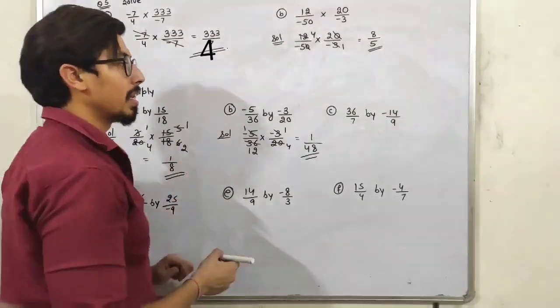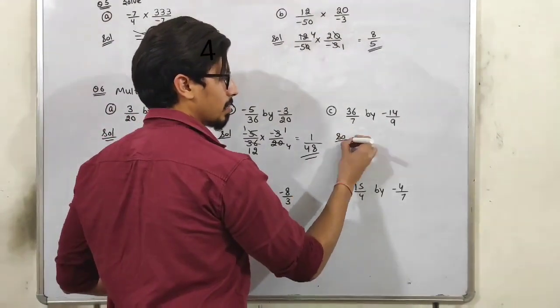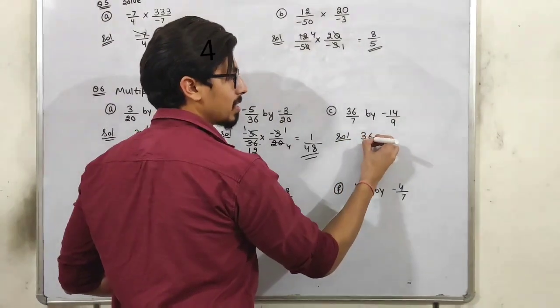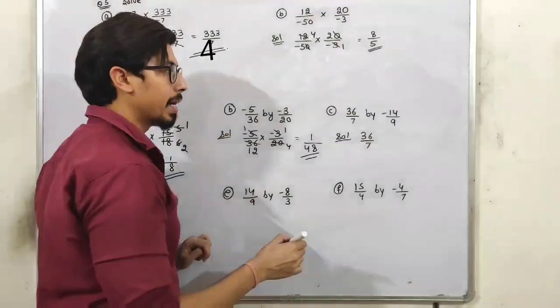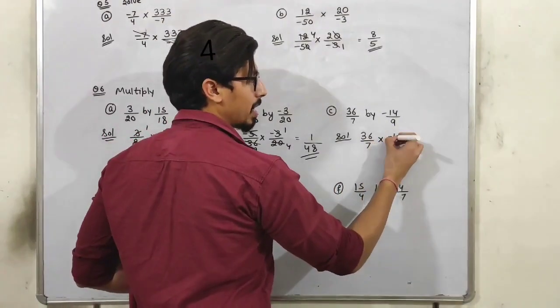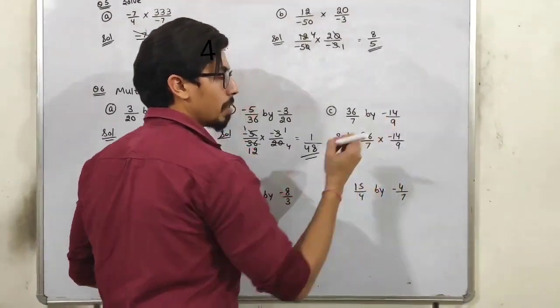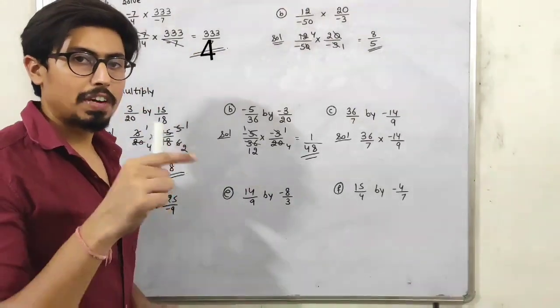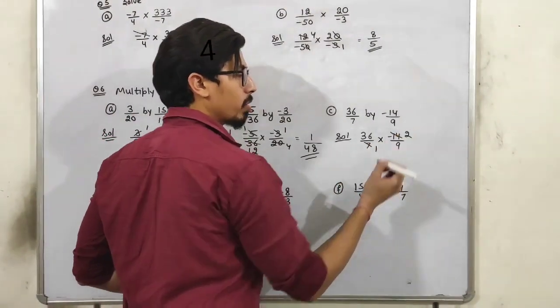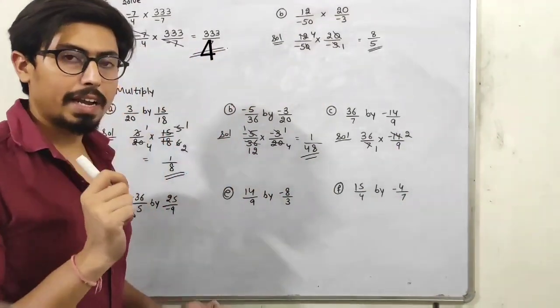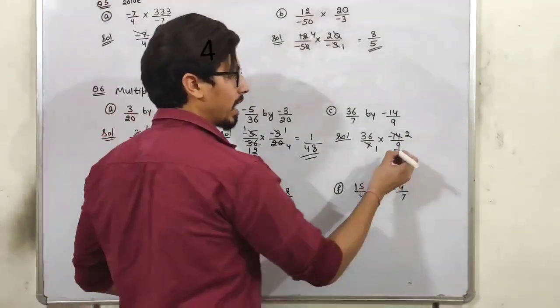Okay friends. The next part is 36 by 7 multiplied by minus 14 by 9. 7 twos are 14, so 7 ones are 7. 9 fours are 36, so 9 ones are 9.